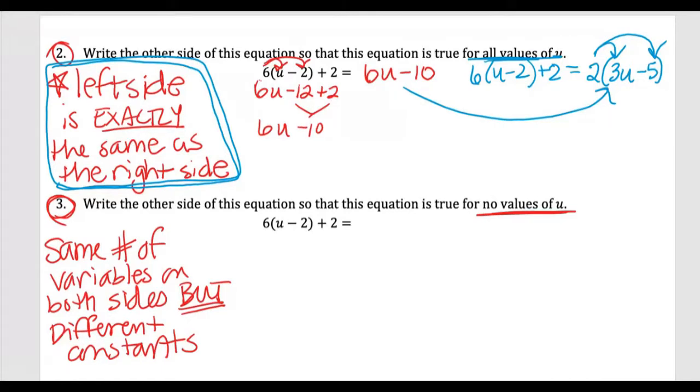So the constants are the numbers that don't have a variable. So, for example, don't write this down, but if I had 2d plus 7 equals 2d plus 3.